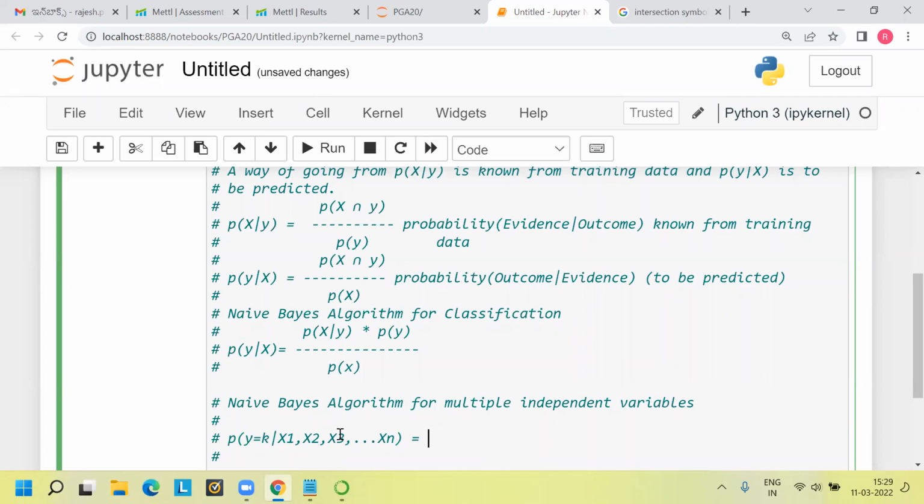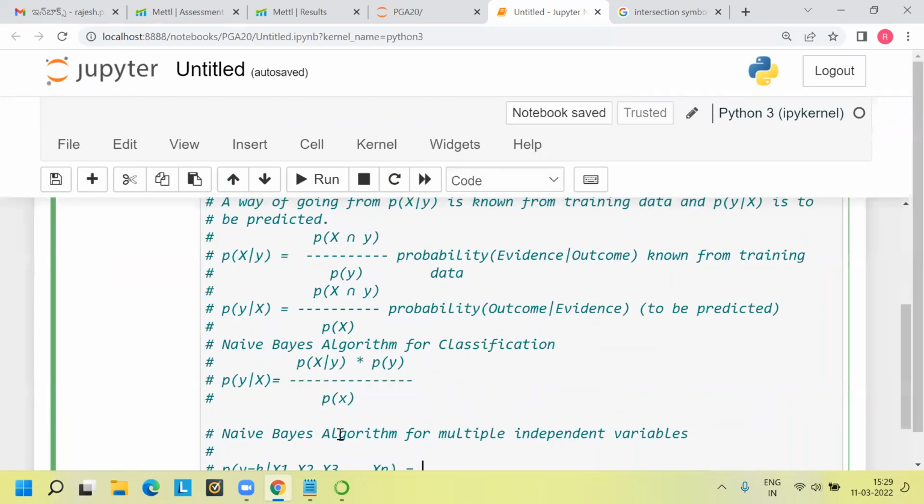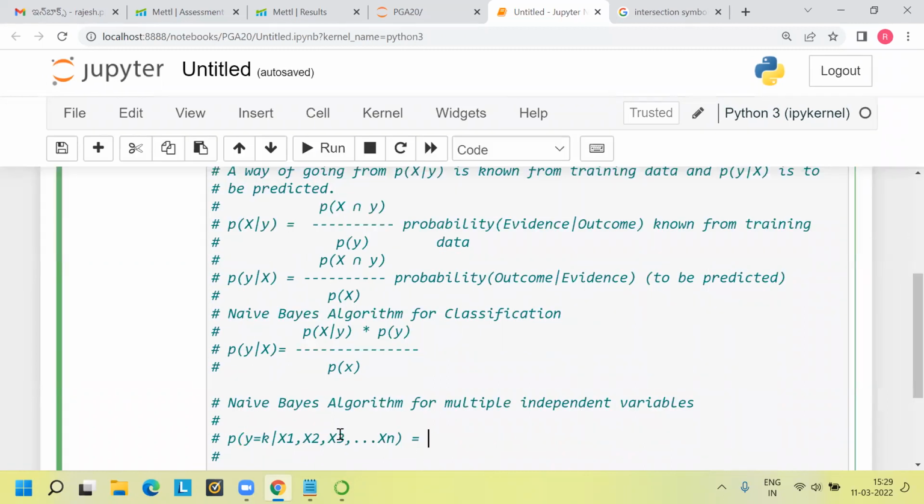K can be yes or no: k is equal to yes, k is equal to no. We'll calculate the probability of y equal to yes and y equal to no separately. Here k will take yes or no if it is a binary problem. If it is multinomial, more than two classes, it will take the relevant k value in each iteration.